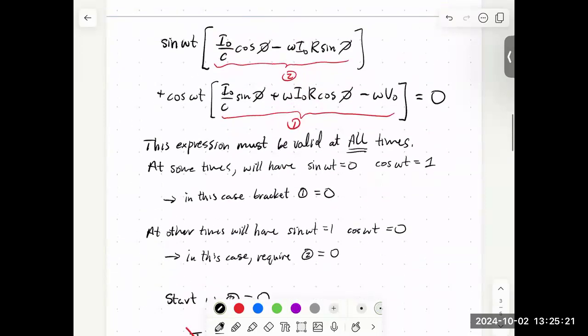This is the one I wanted. This has to be true always. Notice that in here and here, there's no time at all. All the time dependence is here and here. So if this is equal to 0 at one particular time, it's always equal to 0. And if this is equal to 0 at one particular time, it's always 0. Yeah.